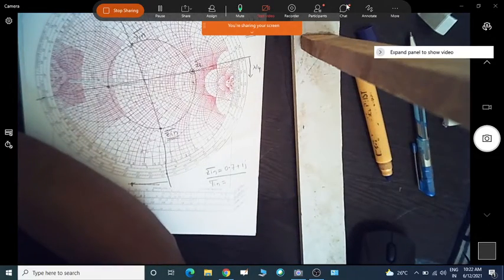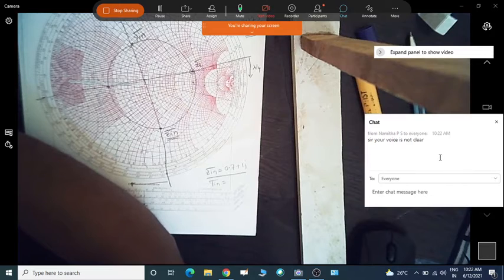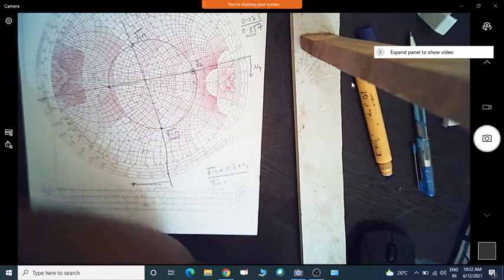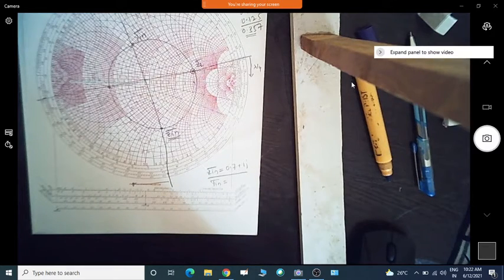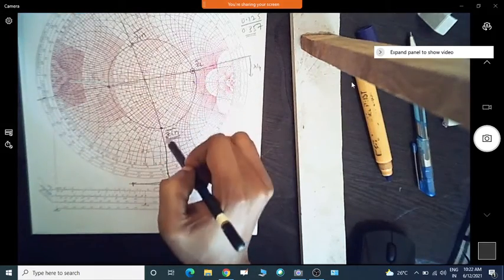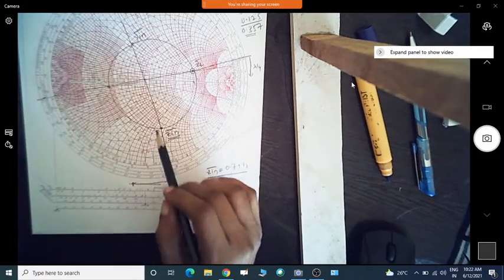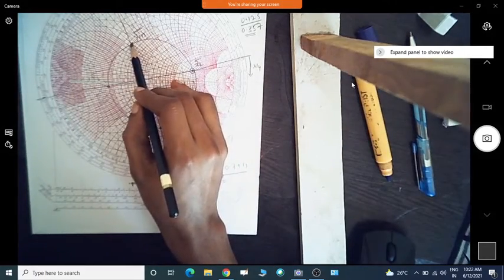The camera may be the problem, so I will try to increase my voice. Calculate this Y in bar, which is exactly 180 degrees opposite to the Z in bar. Try to point out this value.